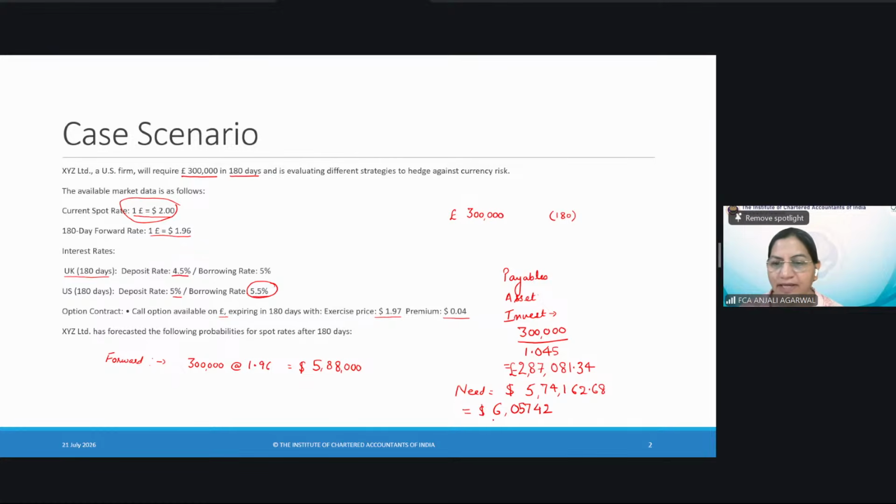So after exactly 6 months, you will have to repay these dollars. So the total outflow will be $6,05,742.